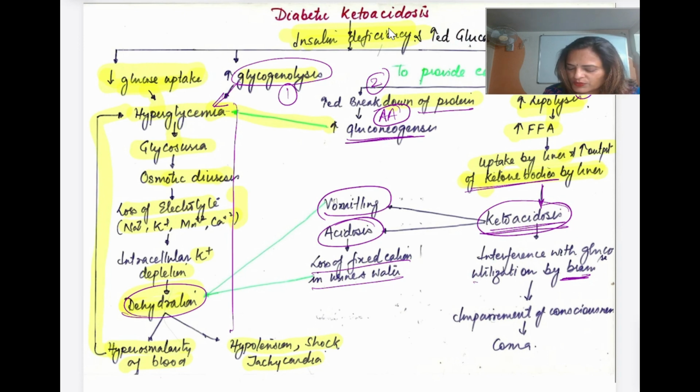The brain also will not use the glucose. This leads to impairment of consciousness and the patient will go into coma. So this is the pathogenesis of diabetic ketoacidosis.